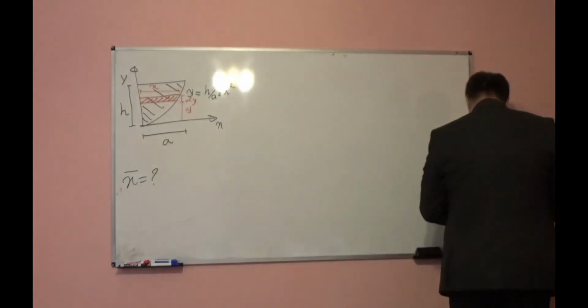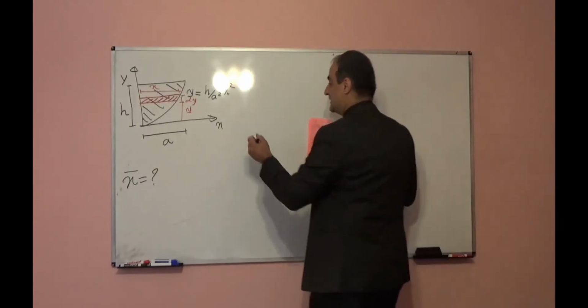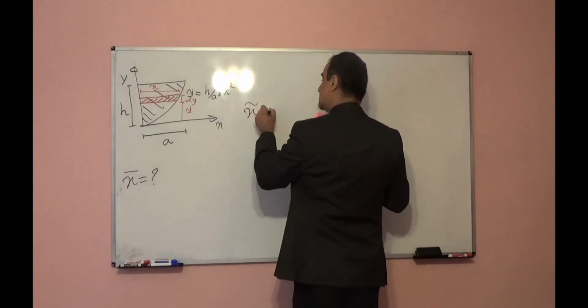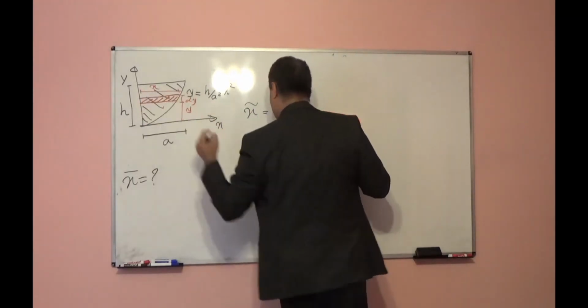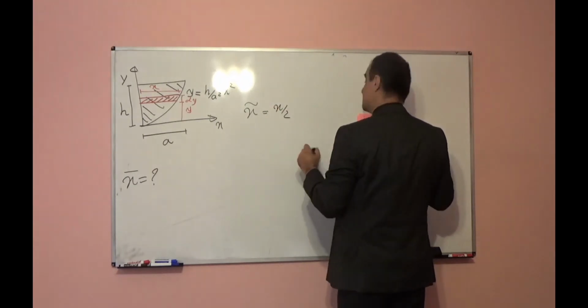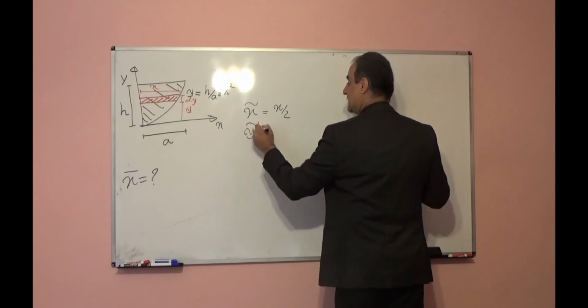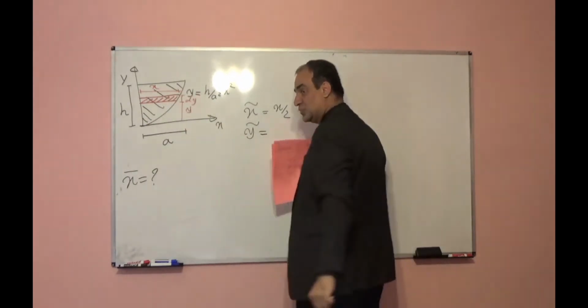So x tilde, the element centroid in the x direction, will be equal to, if this is a small element, it is rectangular shape, so the x tilde will be x over 2, y tilde will be y plus dy over 2.